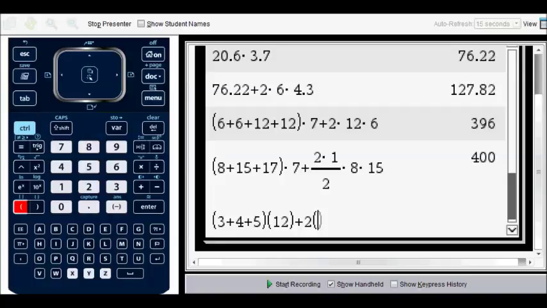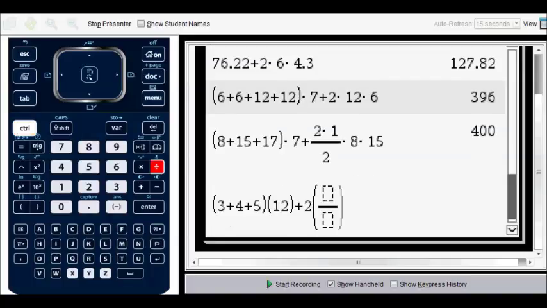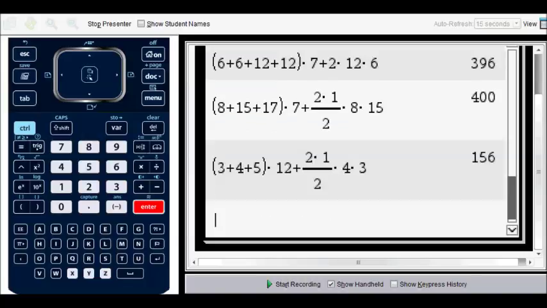I'm going to put my fraction bar, which is control divide, 1/2. I'm going to go outside of it and put times my base, which is 4, times my height, which is 3. So now I've got this whole thing put in, and all I got to do is hit enter, and it'll tell me my answer. And it is 156, and it's a clean number, so we don't have to do any rounding.